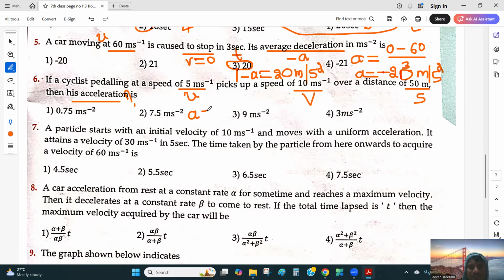So from the equation v square minus u square, a is equal to, please just write down, v square minus u square divided by 2 into s.